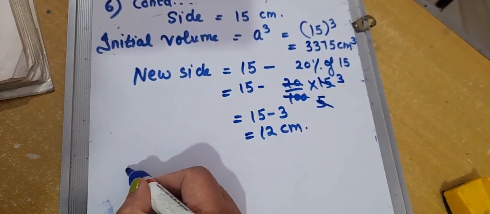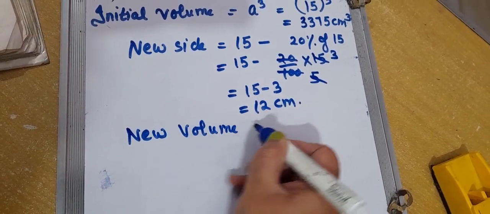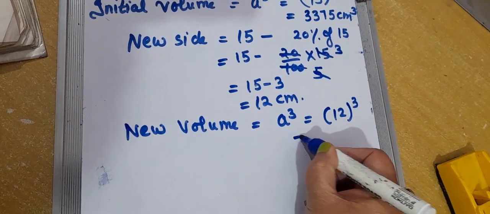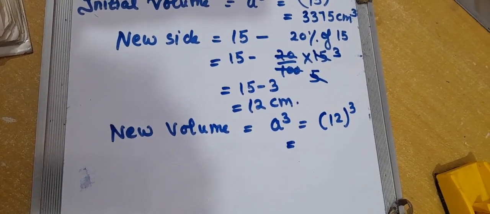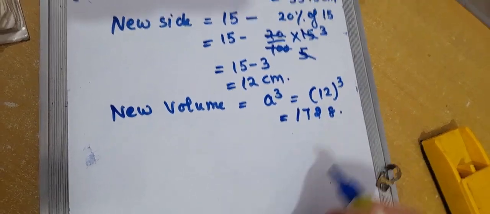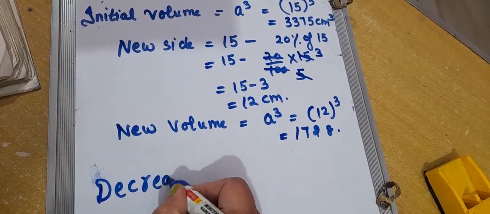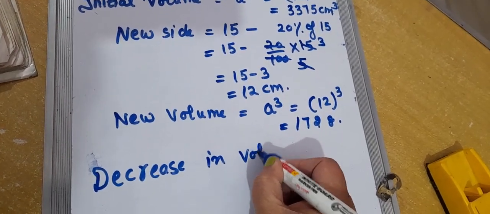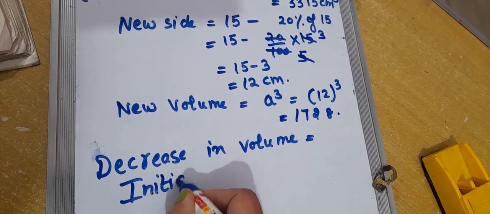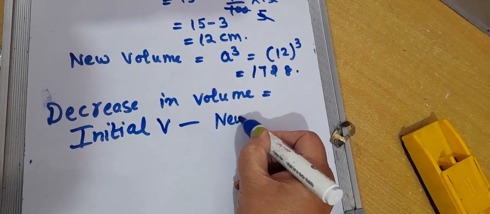This is our new side. Now find the new volume, the decreased volume. Again using the formula a cube, it will be 12 cube. 12 into 12 into 12 gives 1728. Now we have to find the decrease in volume. Decrease in volume is equal to initial volume minus new volume.